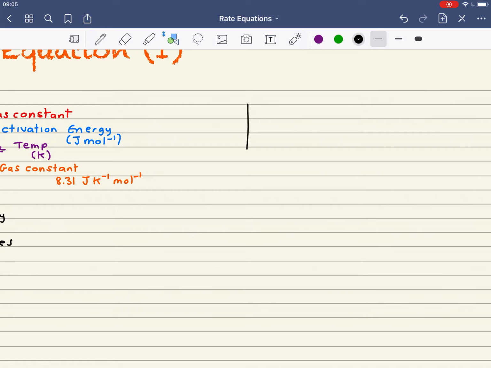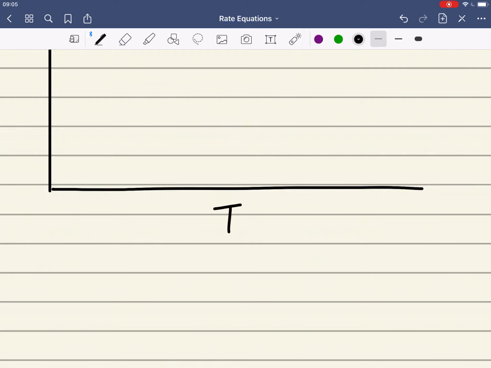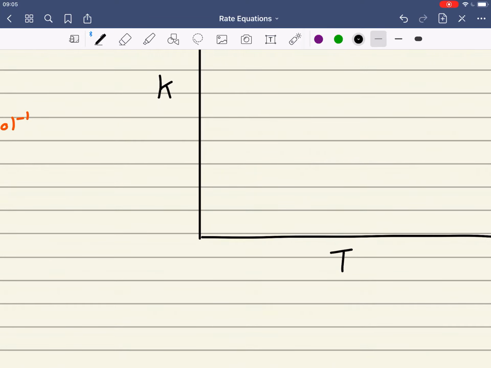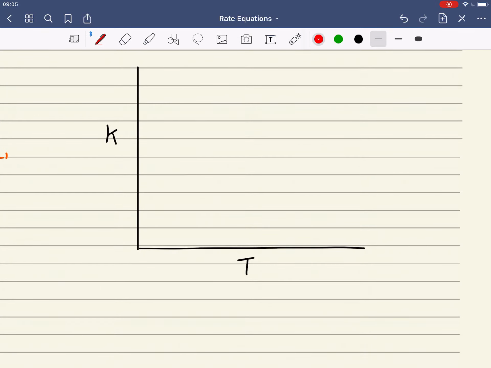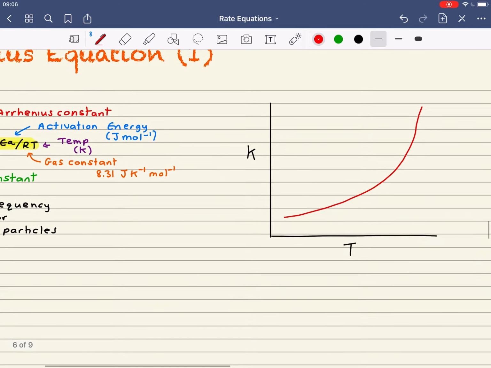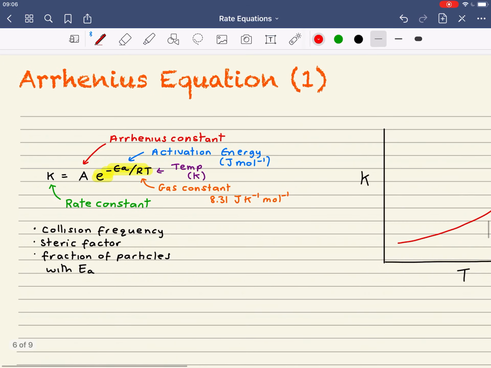Now, if I plot a graph of temperature against the rate constant, what we find is that it's not a proportional increase. It isn't the case that if I double T, I double the rate constant. If you were to plot a graph, you'd get one that looked like this. It's what we call an exponential increase. What that tells us is that a small increase in T causes a very large increase in K because of this exponential term.